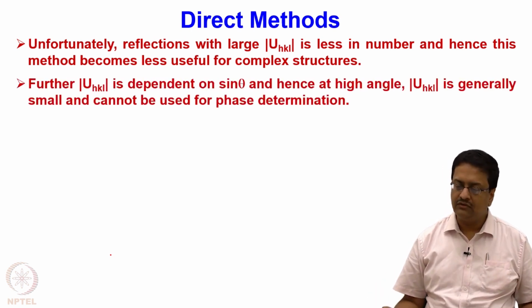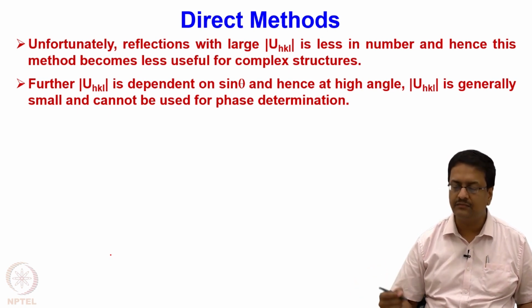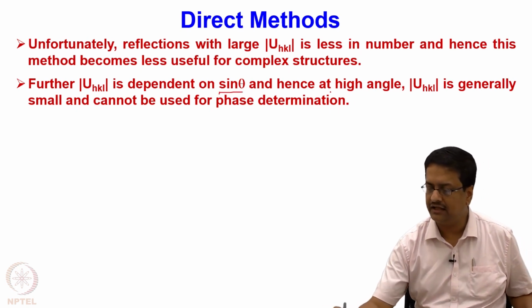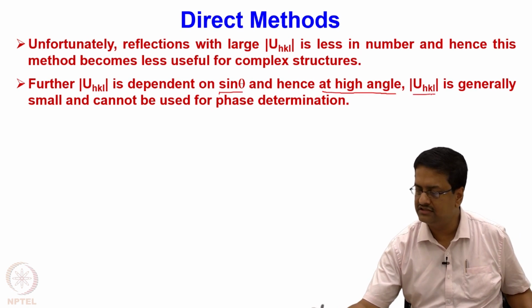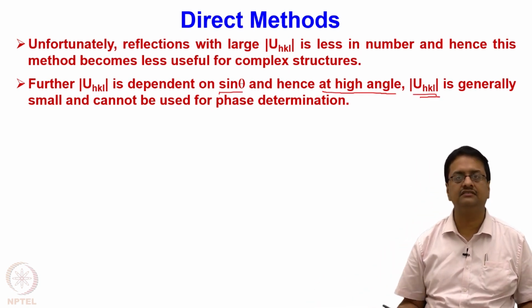Further, UHKL, which is dependent on FHKL, is dependent on sin theta, and hence at high angle, that is at high sin theta, UHKL is generally small and cannot be used for phase determination.